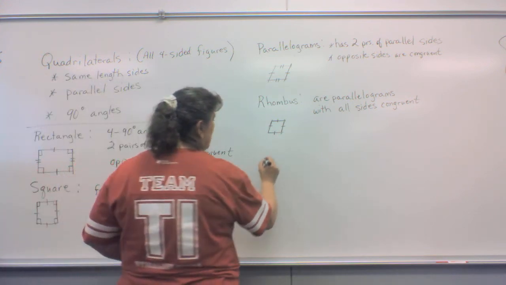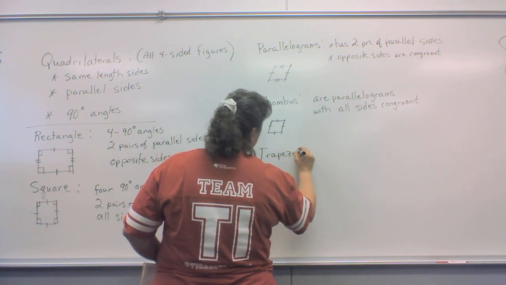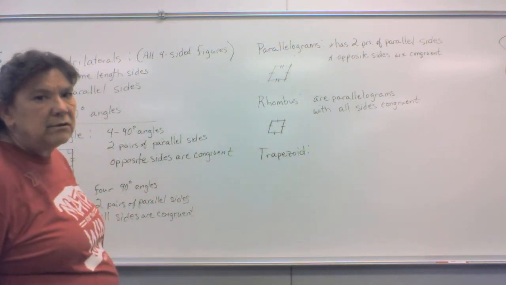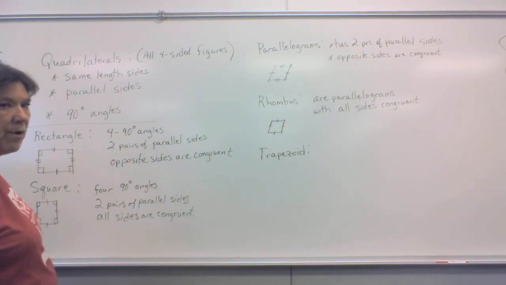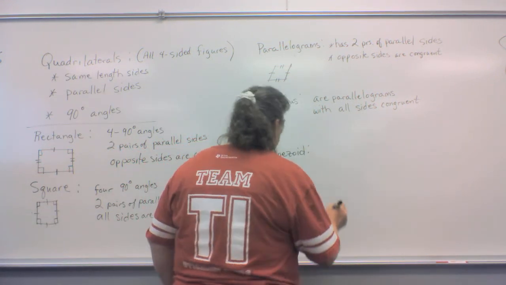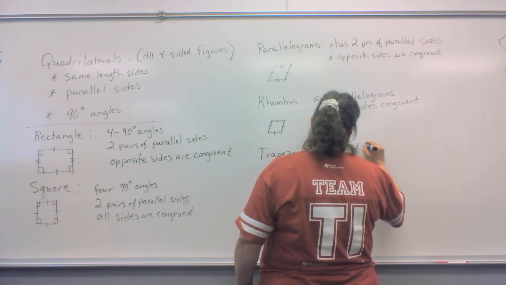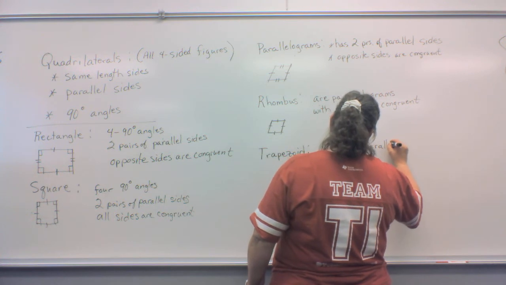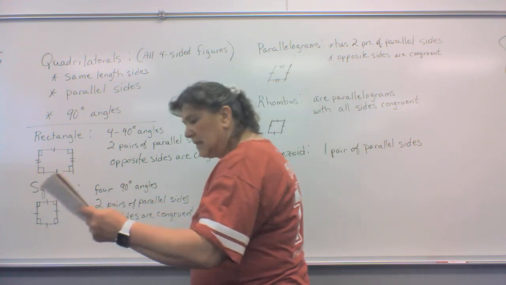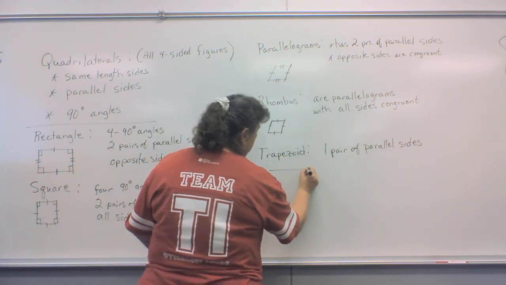Okay, a trapezoid. And a trapezoid is not a parallelogram. It is not a rectangle. It is not a square or a rhombus. A trapezoid has 1 pair of parallel sides and that is its distinguishing factor. 1 pair of parallel sides.